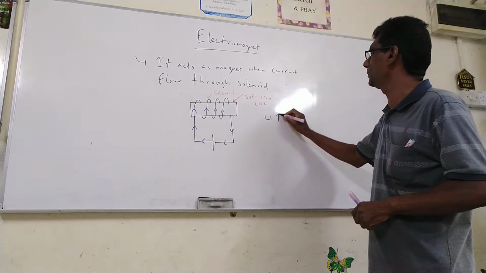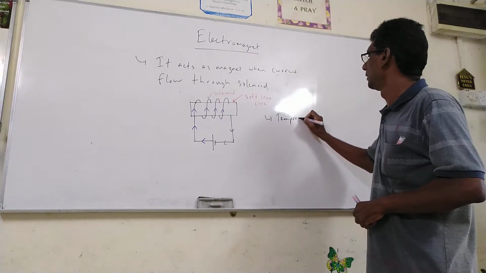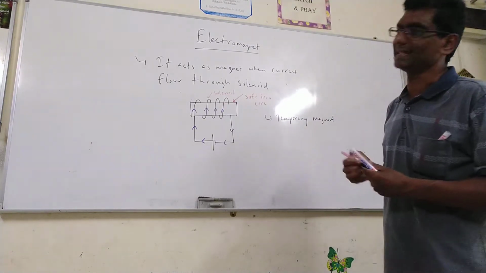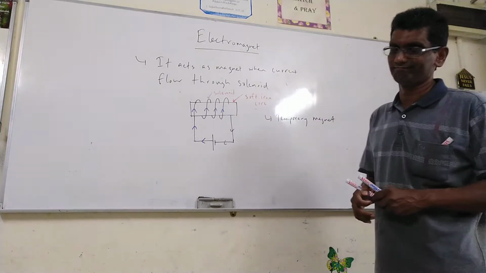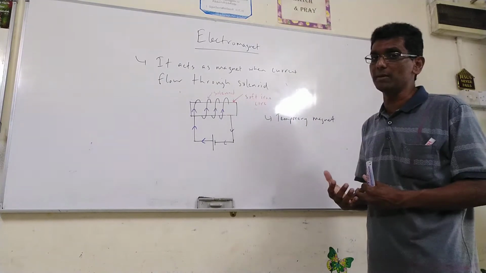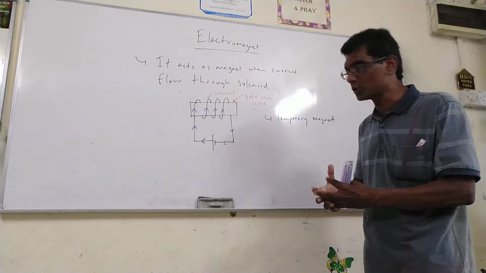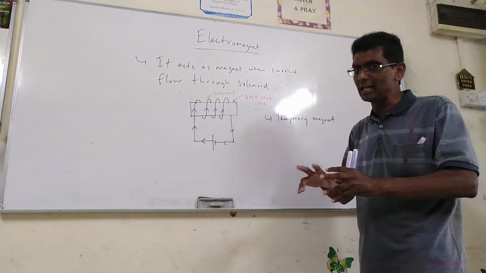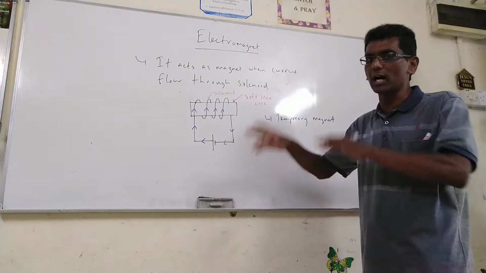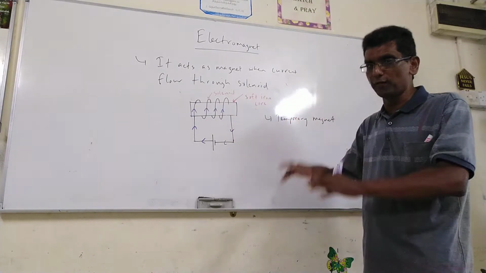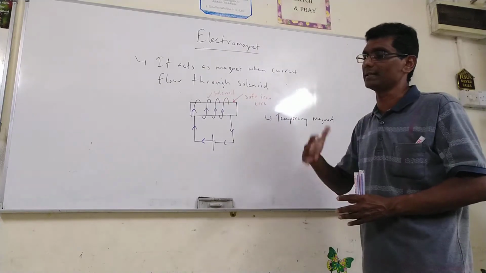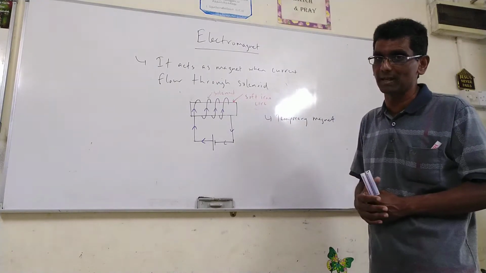It's a temporary magnet. Temporary magnet means when the current flows in the solenoid, then only it magnetizes. When the current is cut off from the solenoid, it loses all its magnetism.